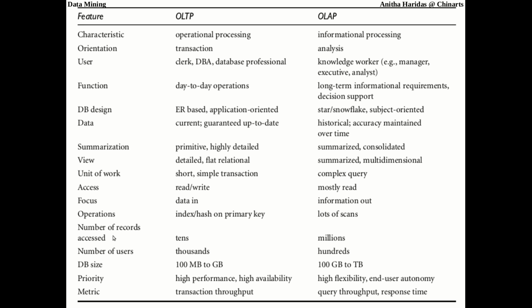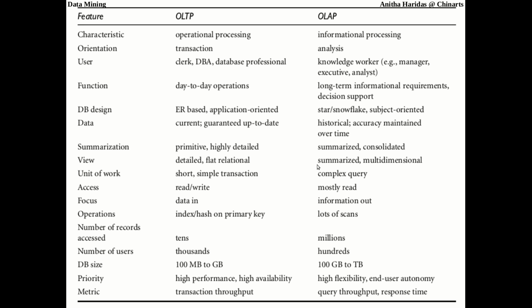And the number of records accessed for the OLTP system is generally in tens, but in OLAP it is going to be lakhs and lakhs of records. And the number of users, many users will be in OLTP, but here we are going to have very few users because it is going to be used only at the executive level.